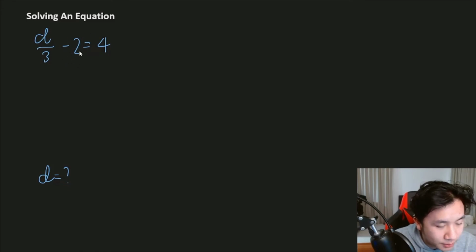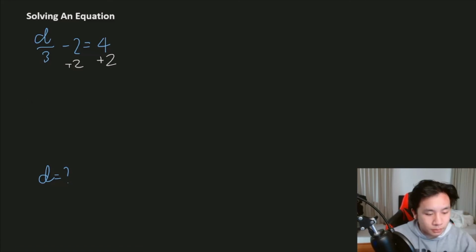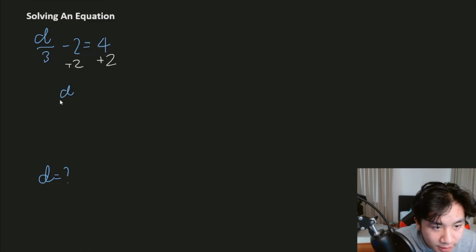So to cancel out this minus 2, you want to plus 2 both sides. Right? And so when you have minus 2 plus 2, that just cancels out. And so what you're left with is d over 3. And we have 4 plus 2, so that's just 6.